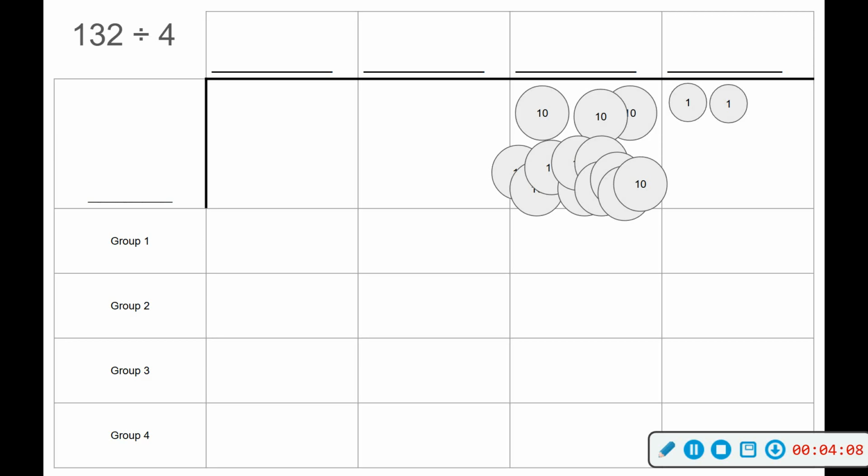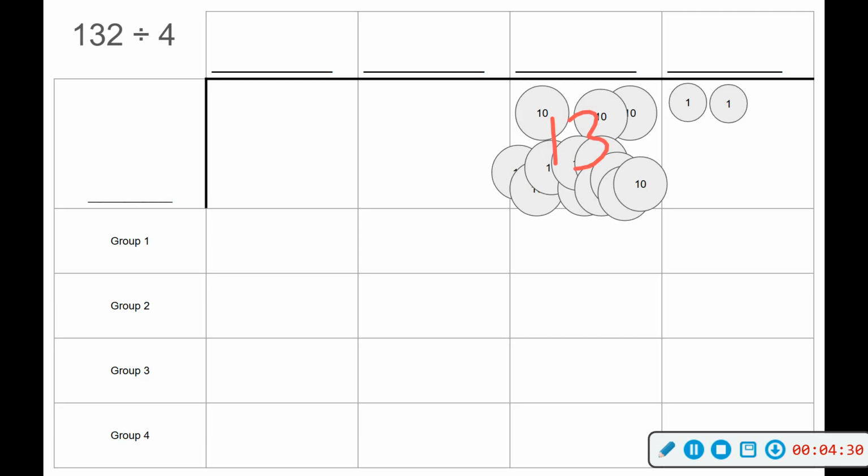Well, if 10 tens is equal to 100, then all I have to do is cash that 100 in for 10 tens. So now I have these 10 tens plus these 3 tens. So the question is now, how many tens do I have? So far, I have 13 tens.